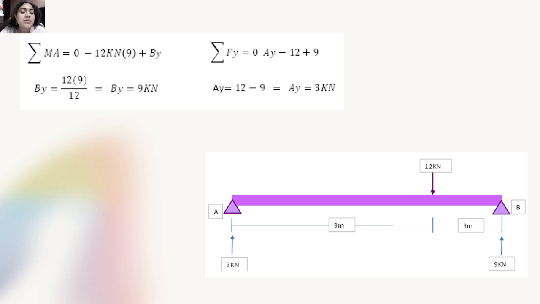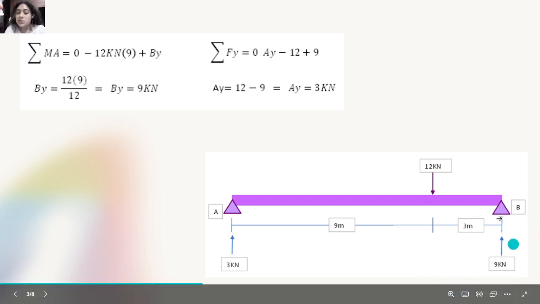And then Bj equals 12 multiplied by 9 divided by 12, so Bj equals 9, and it's the force in the input B.